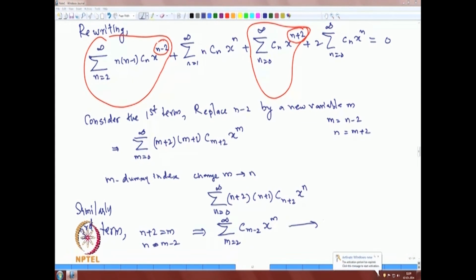So, therefore, we can plug back the n: n goes from 2 to infinity, C n minus 2 x to the power n. Okay, so now the indices of all these terms are in terms of n.